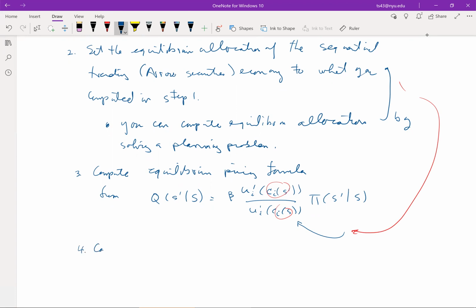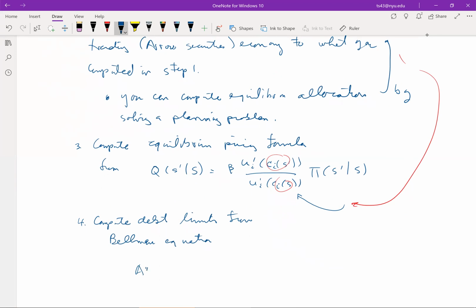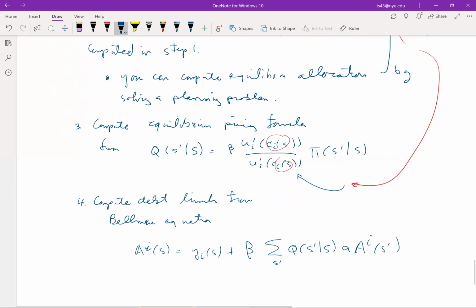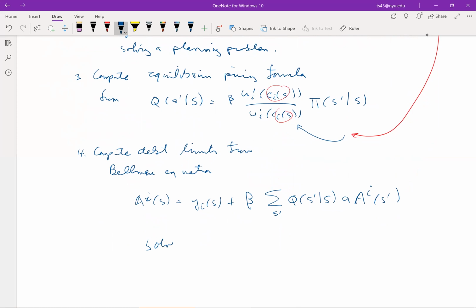Step four: compute debt limits from the Bellman equation that we described a minute ago: A_i(s) equals y_i(s) plus beta summation over S prime of Q of S prime given S times A_i(S prime). Solve for A_i(s), a vector, for each i.